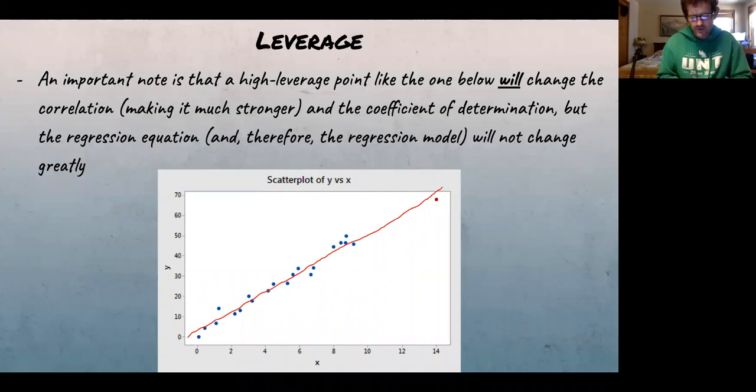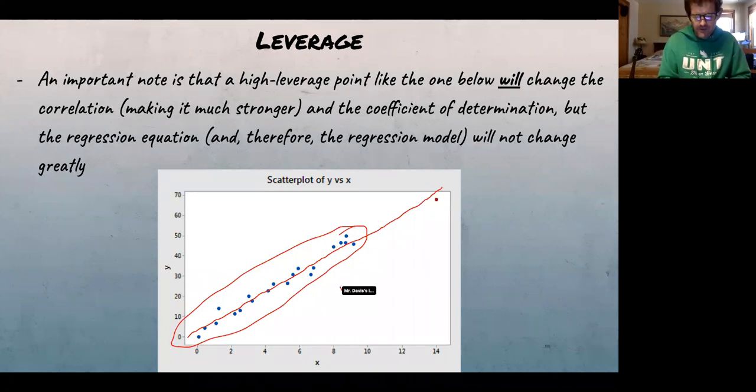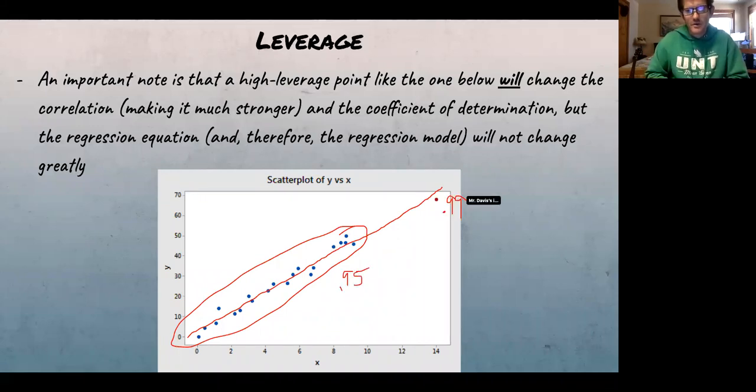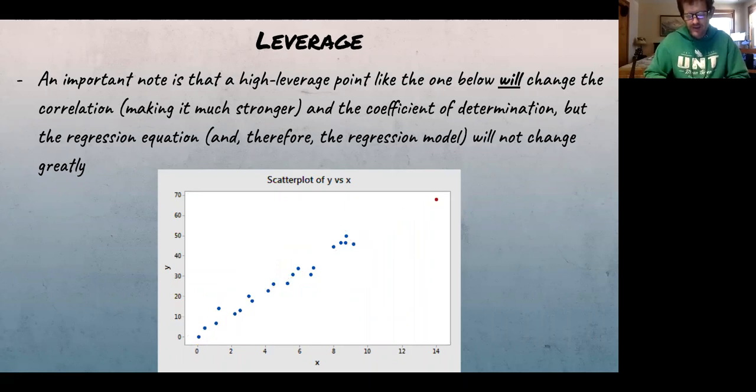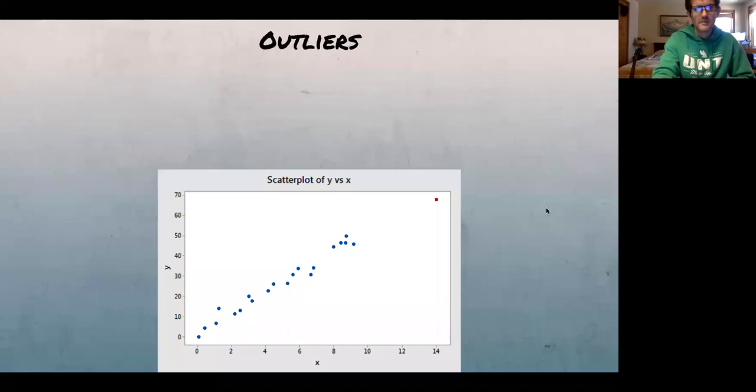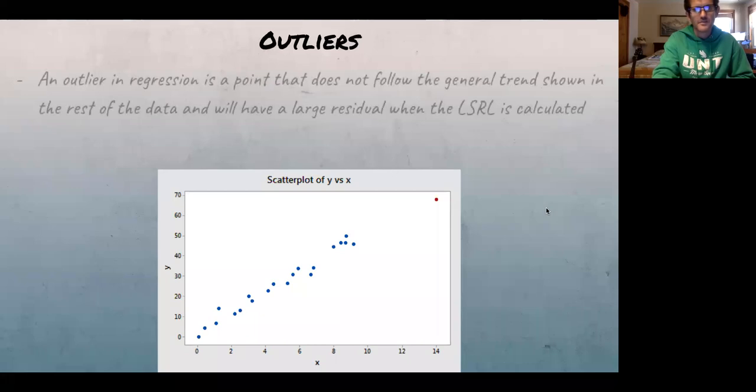You can see that clustering of data, so I'd guess that's already over 0.9 correlation, but this is going to be even bigger. We might have gone from like 0.95, add this other point in, and now we're at 0.99. So leverage will increase our correlation coefficient if it's in line with the trend. And therefore, it's also going to change our coefficient of determination, R squared. But it's not going to change the model. Okay, hopefully clear enough. So now we have outliers.